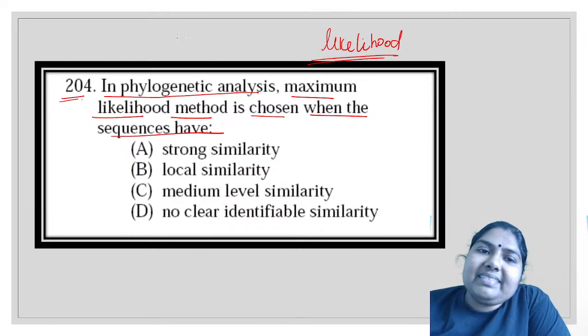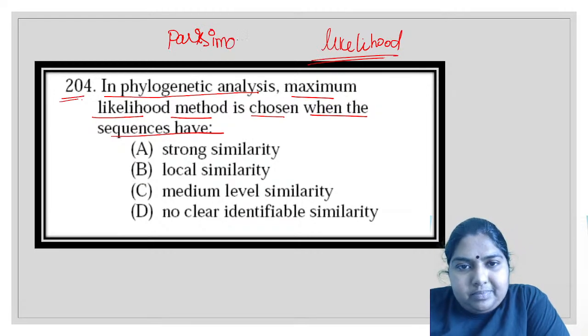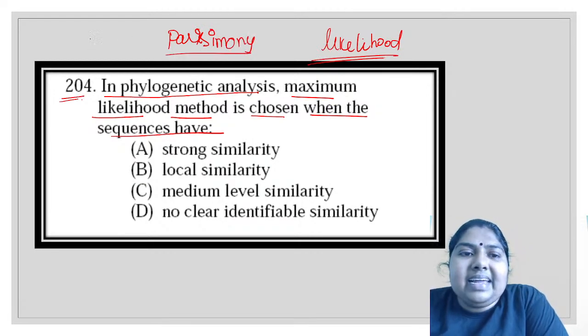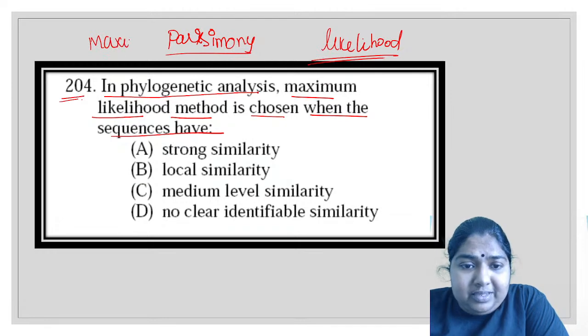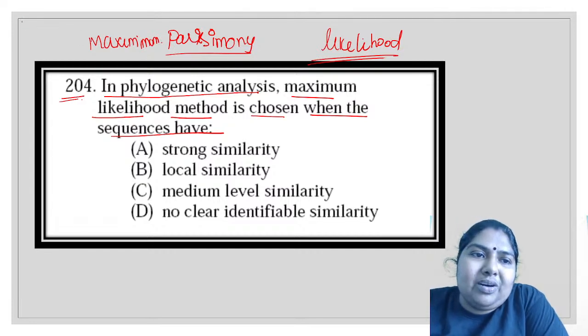See, when I say maximum parsimony method, what will you say? Parsimony is only least change, no? Yes or no?